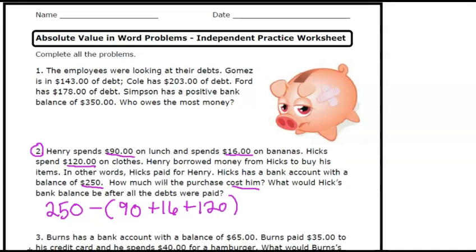To find the answer to the first question, you combine all three of these numbers, which would be $226. Okay, and then you'd have 250 minus 226. So he would have $24 left over.